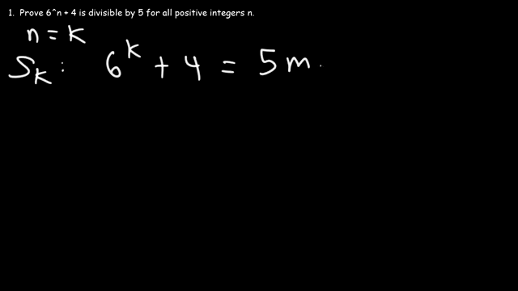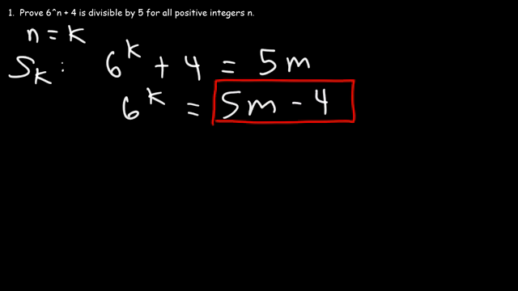If m is an integer, if you multiply it by 5, whatever that result is, will always be divisible by 5. Now we're going to isolate 6 to the k. 6 raised to the k is equal to 5m minus 4. And so let's save this expression for later.